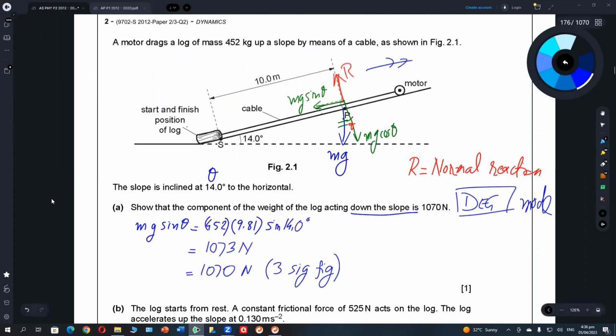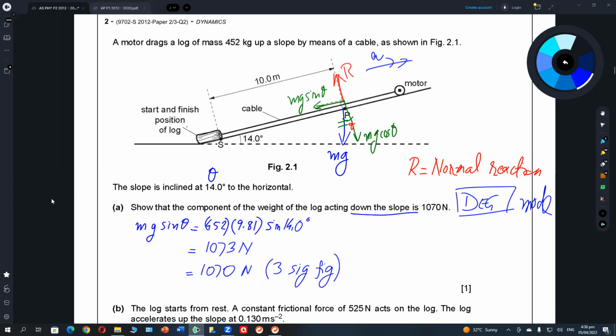The object is going upward. So will friction be upward or downward? Do you remember the rule? Friction always opposes the motion.